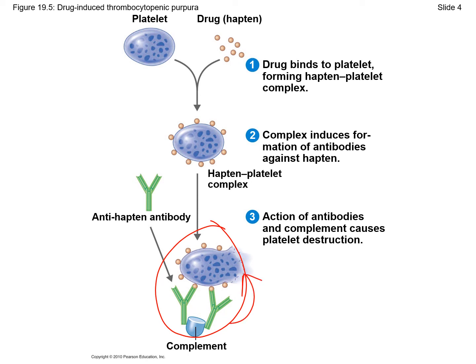So if this happens with platelets and all your platelets are being lysed, then you will have bleeding issues, clotting issues. If it involves your red blood cells, you can become anemic if you're activating complement against your red blood cells. And if you're activating complement against the white blood cells, then you can become immunocompromised.